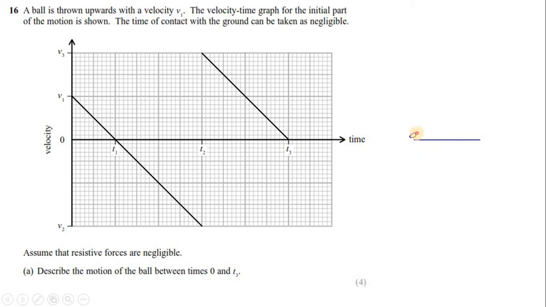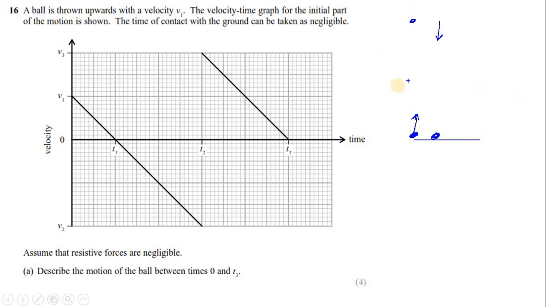So if this is the ball going up and then it reaches some height, after that it starts falling down and then it bounces. So there are some points that you need to keep in your mind. Number one, direction of the motion. You will have to consider either upward direction positive and downward negative, or upward negative and downward positive.